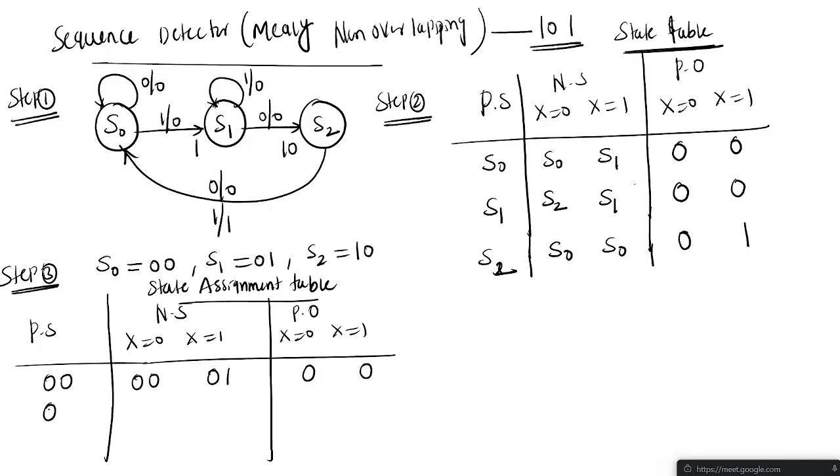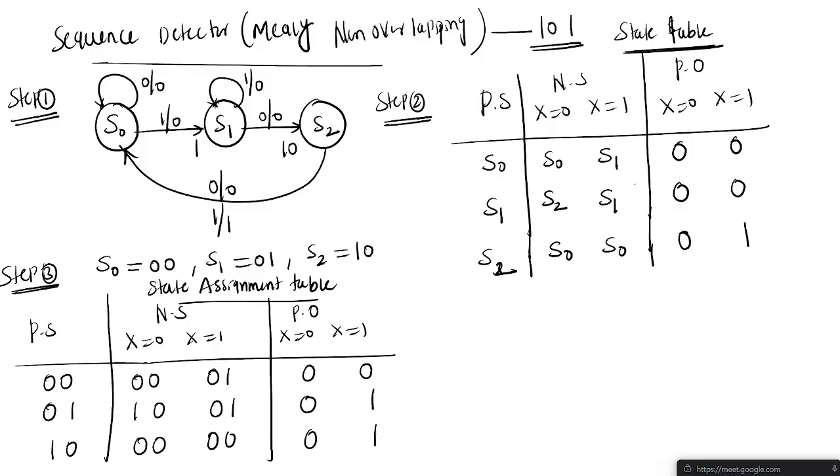Okay. 01 10 0 1 0 1 and S2 10 0 0 0 0 0 1. Okay. So this is fine, no? State assignment table.